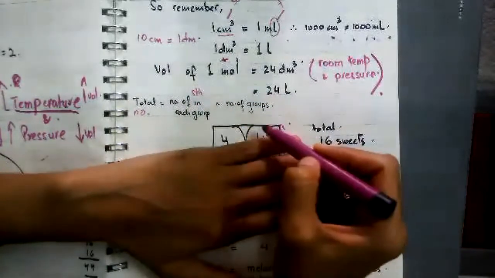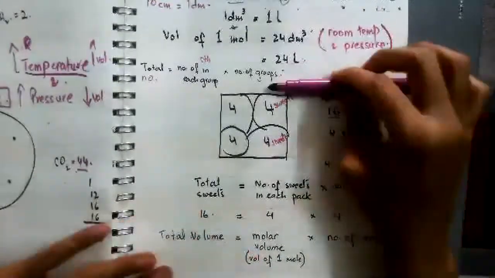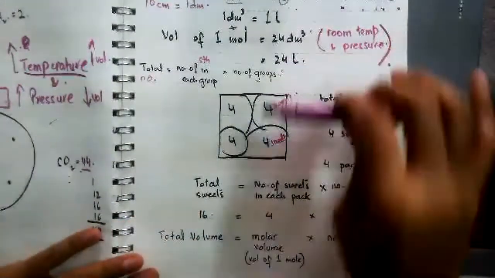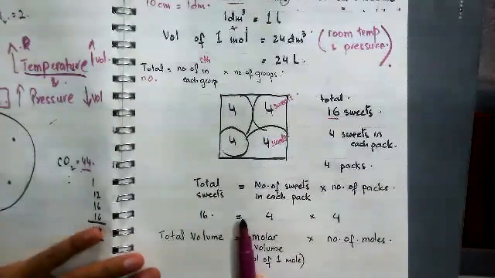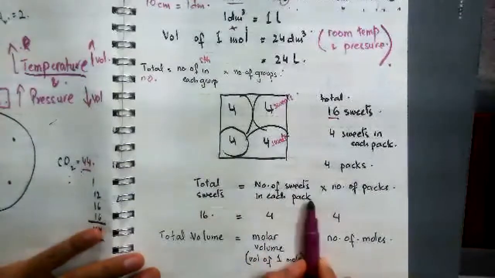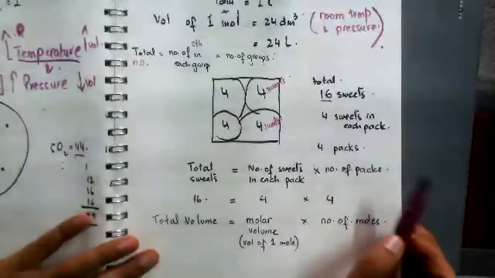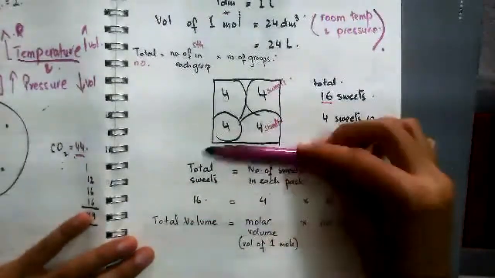I'm sure you must remember this from grade 2, 3 math. So total sweets can be calculated by multiplying the number of sweets in each pack with the number of packs. Now the same idea we're using here.